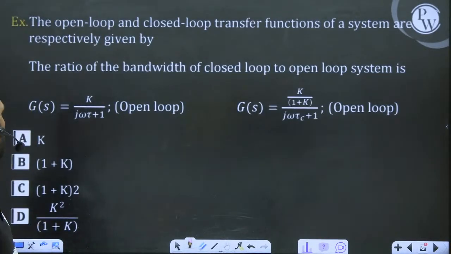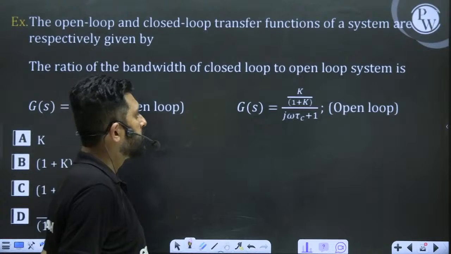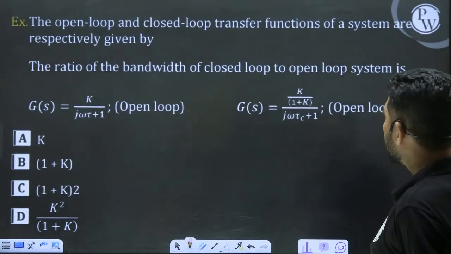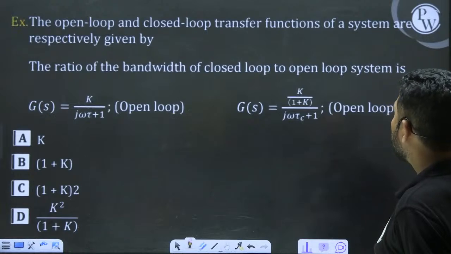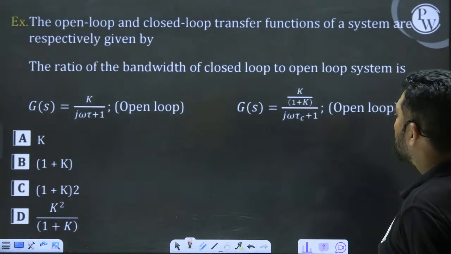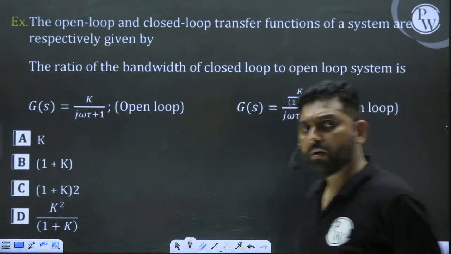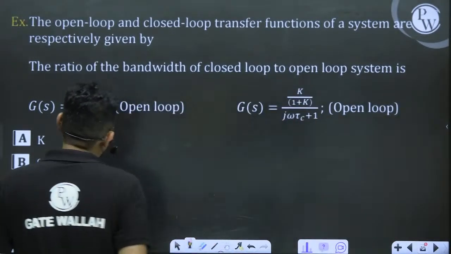हाँ. The open loop and closed loop transfer function of a system respectively are given by this one. The ratio of bandwidth of closed loop to open loop. We can easily find out now. See here, what is the bandwidth we calculated?